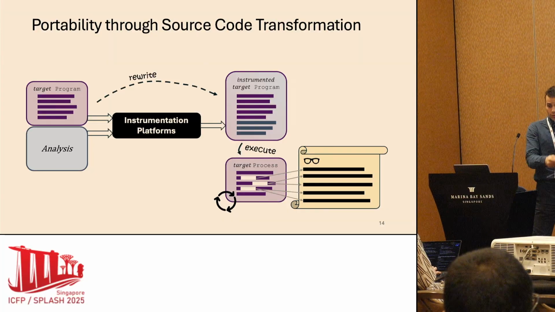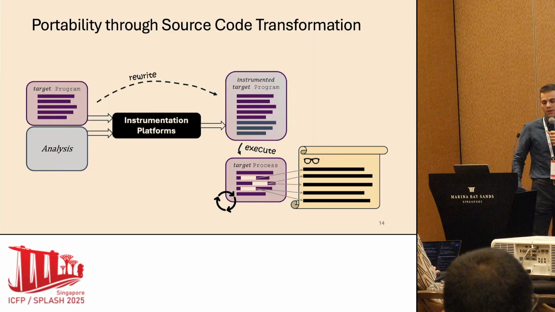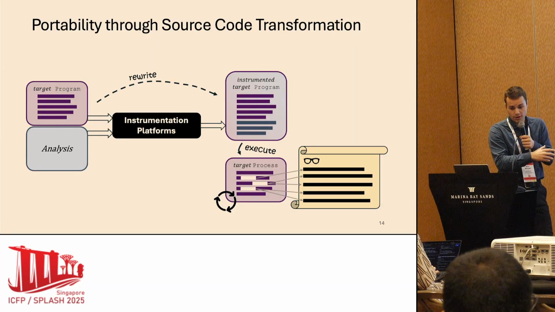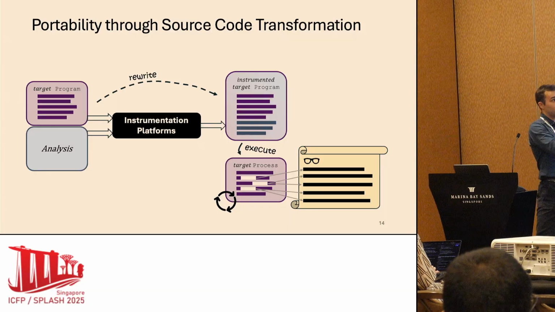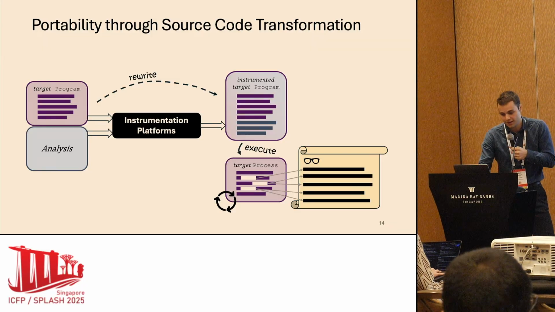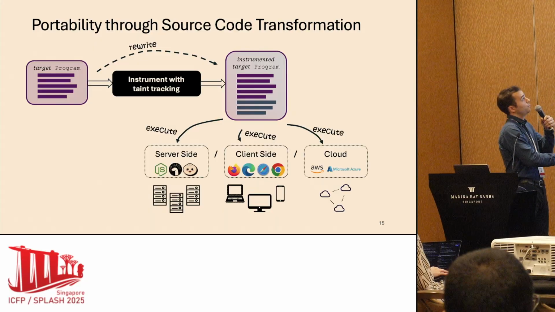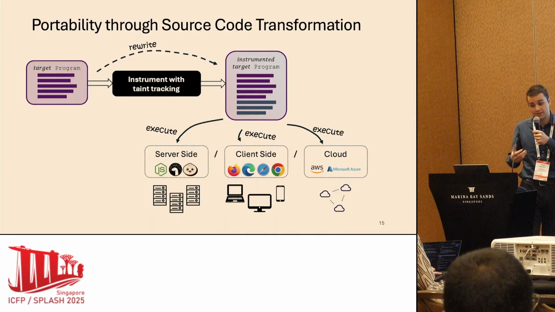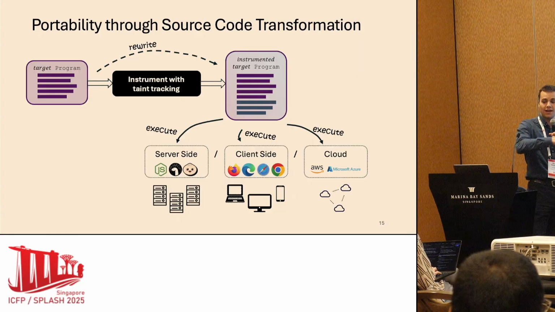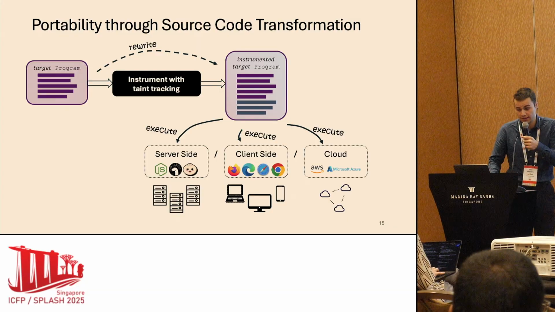So for both languages, we will use an instrumentation platform that takes in any target program that we provide, essentially an analysis, and then that instrumentation platform will rewrite the target program, inject the analysis, and provide you a new target program that you can then execute, and then from that running process, understand its behavior. So in this context, the target program will be rewritten to inject taint tracking analysis, and then the idea is that that program can be deployed in these different contexts: server-side, client-side, or in the cloud.